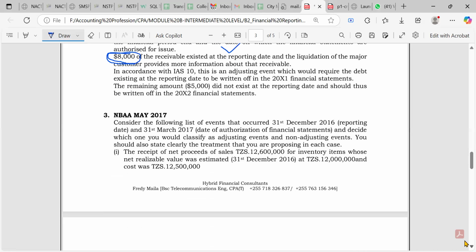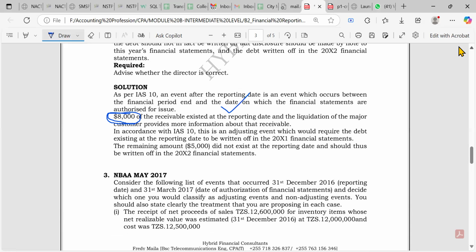Now, this 8,000 was within the period, but we didn't oversee it. What will happen now? We are going to adjust it. We have said that this 8,000 had been recorded, but it shouldn't have been recorded, because the customer is now bankrupt, which means the customer cannot pay us anything, right?